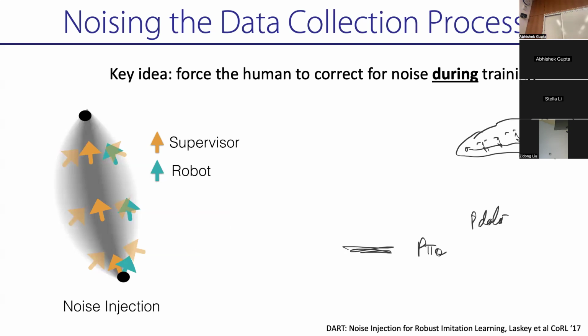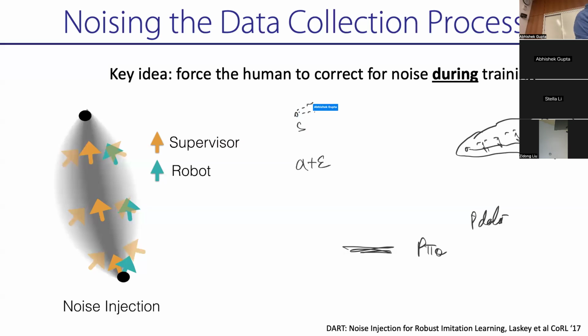And noise means the following: it doesn't mean that you store noisy actions, or that you store fake actions. So if I'm at state S, the human commanded, let's say, action A. Instead of executing action A in the environment, you execute action A plus epsilon, right, where epsilon is noise. So the human wanted you to go here.